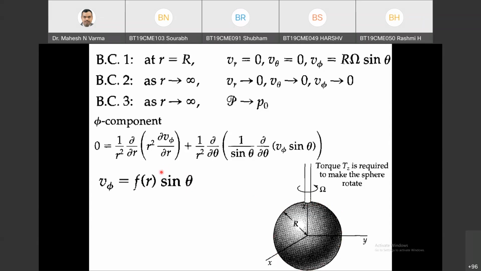That is exactly how sine theta behaves. Hence this assumption may be the possible solution. Hence I have assumed v phi is a function of r into sine theta. Okay, sir. Got it.